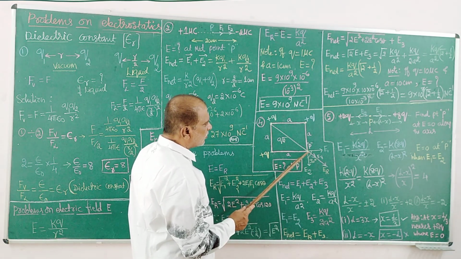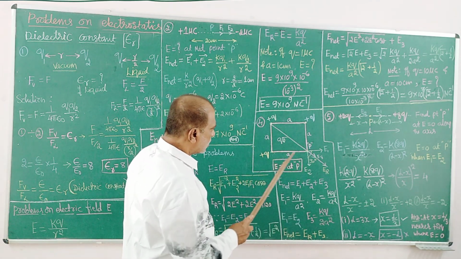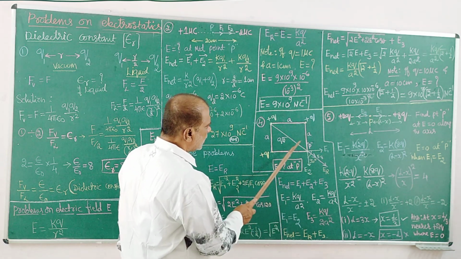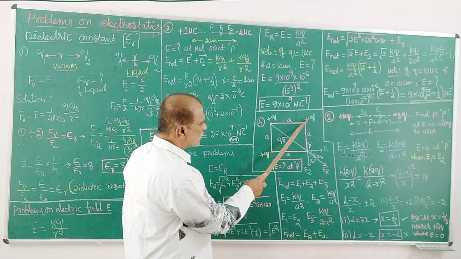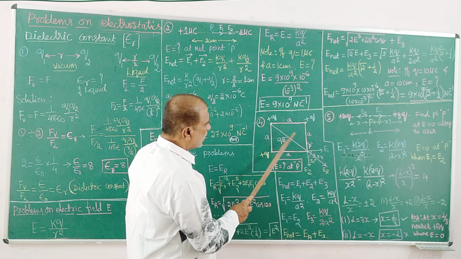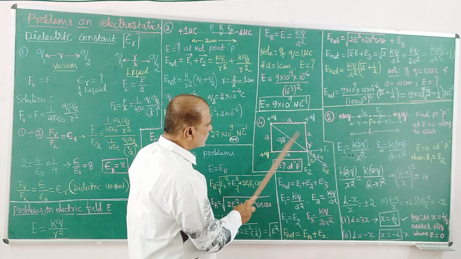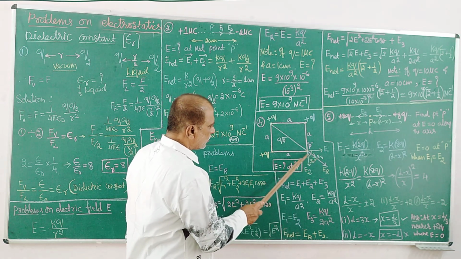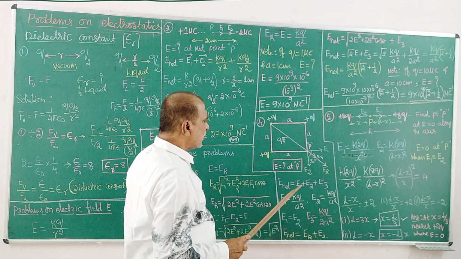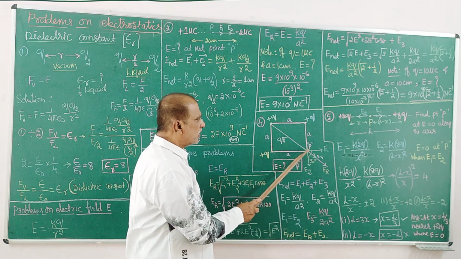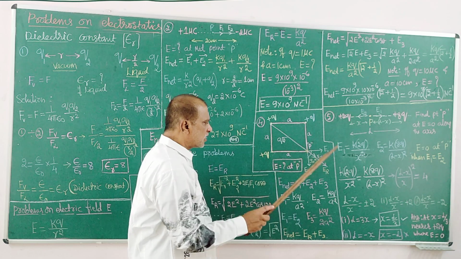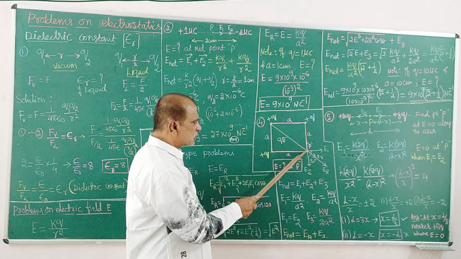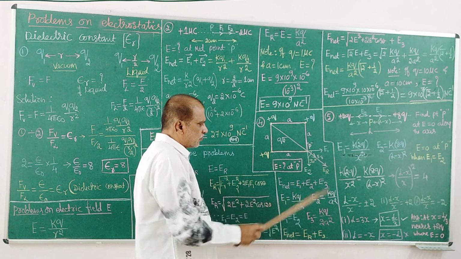The electric field at this point due to this charge is E1, due to this charge is E2, and due to this charge is E3. They have different directions. Net electric field at this point is the vector sum of these 3 vectors.